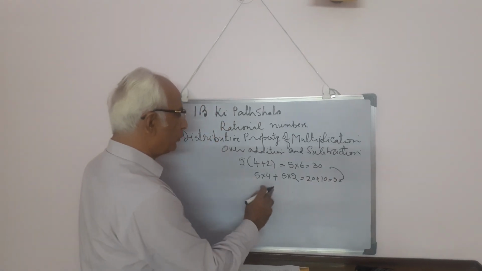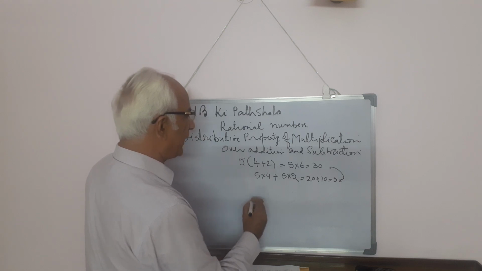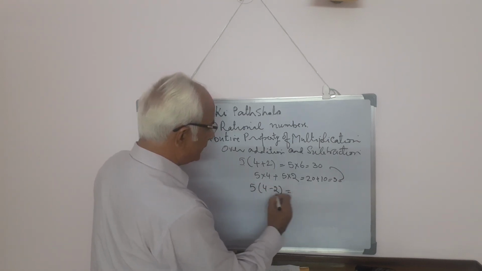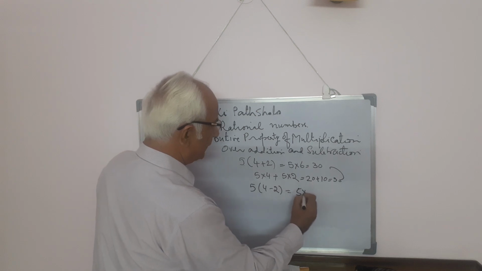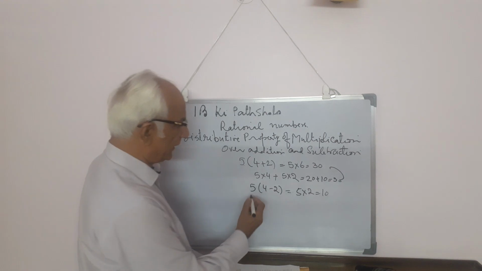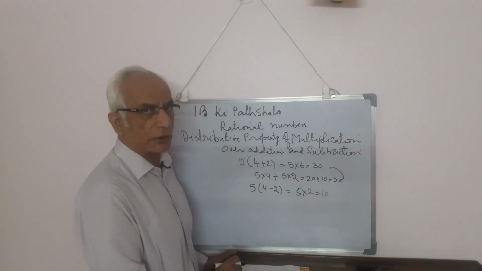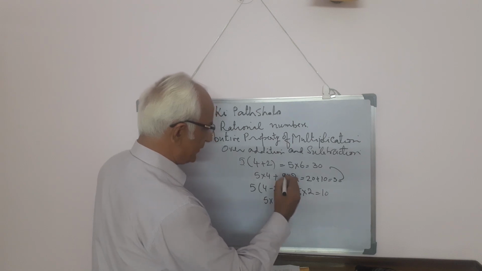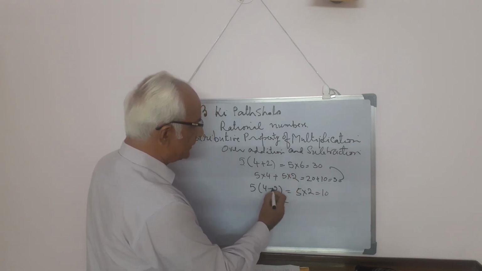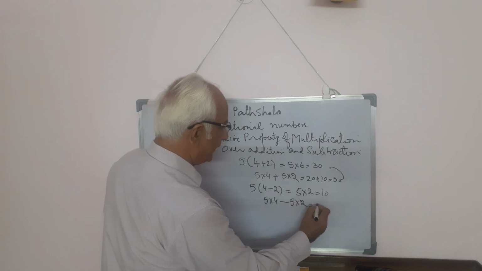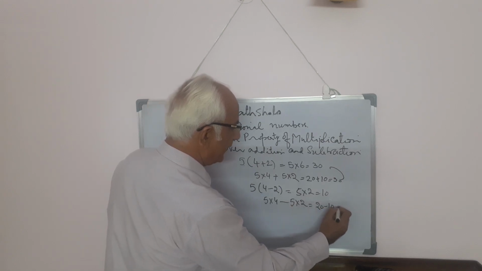And supposing it was a case of subtraction: 5 times 4 minus 2. We can subtract 4 minus 2, that is 2, and 5 times 2 is 10. Otherwise, we can distribute this factor to both the numbers which are to be subtracted. 5 into 4 minus, because these numbers are being subtracted, 5 into 2, that is 20 minus 10 is 10.